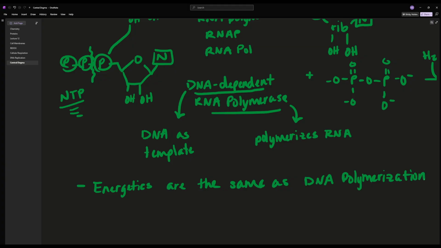So the energetics are the exact same, but this time we're using the DNA template. Think of this like your master copy, and you're going to be making that RNA copy.